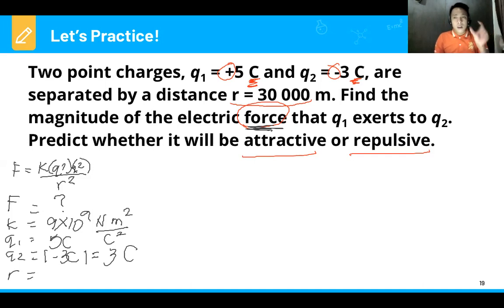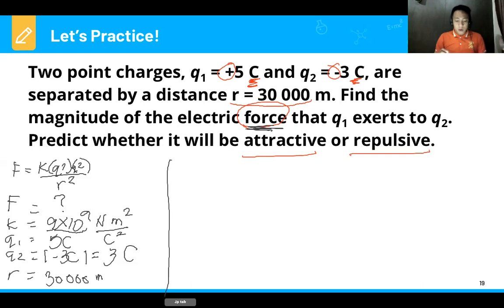So if we have a negative, we need to find its absolute value so that it becomes positive. Okay? So we have the 3 C, and then for r, we have 30,000 meters. Since we have here what we call, how do you call this one, scientific notation, correct? We can also change this later on.